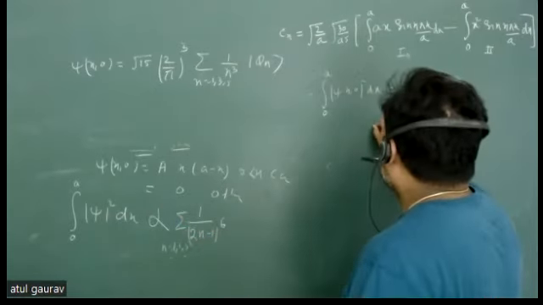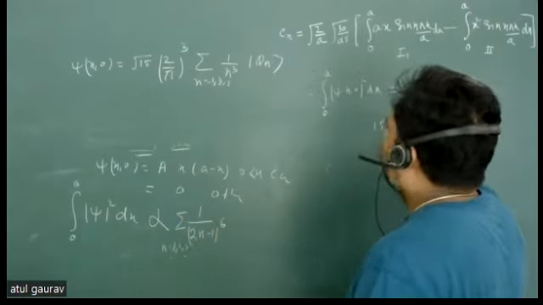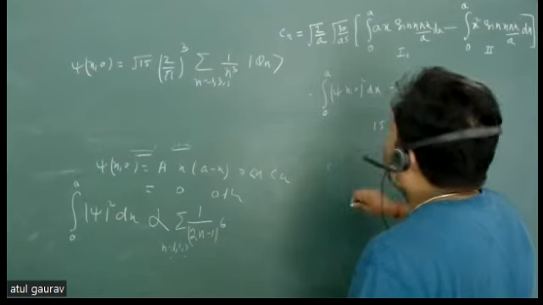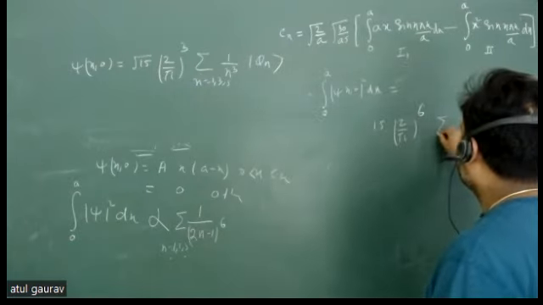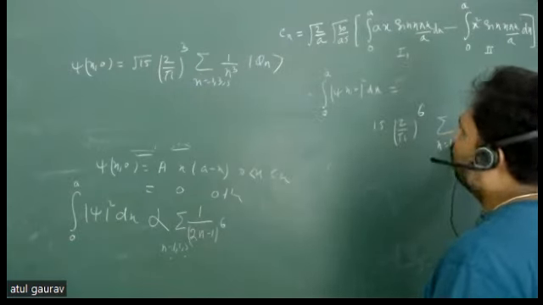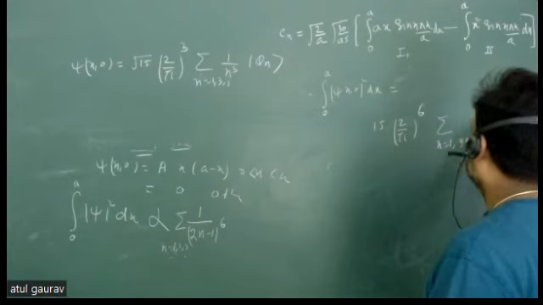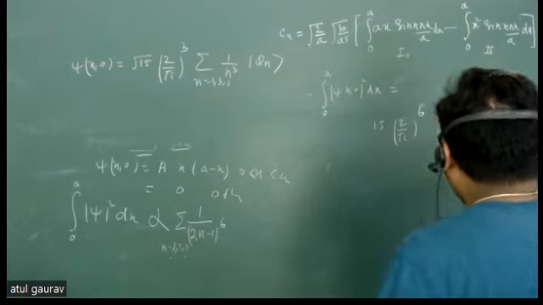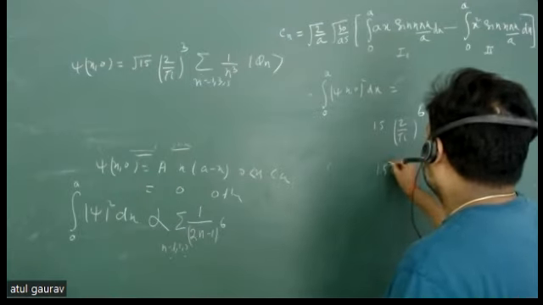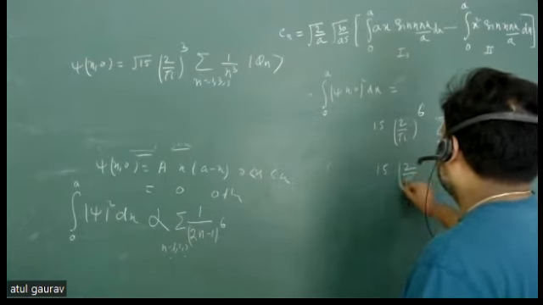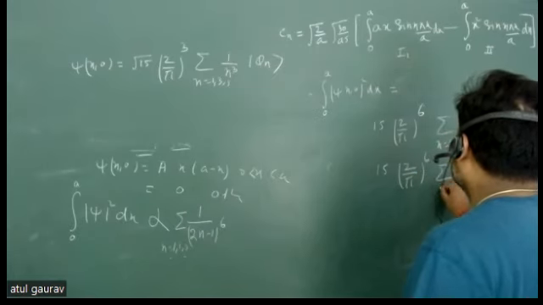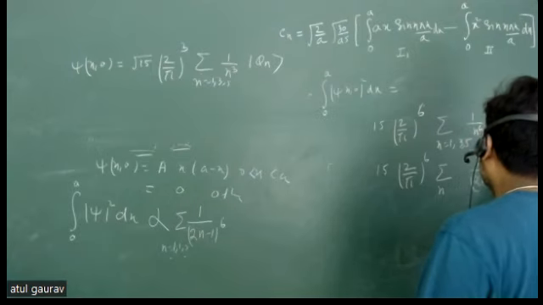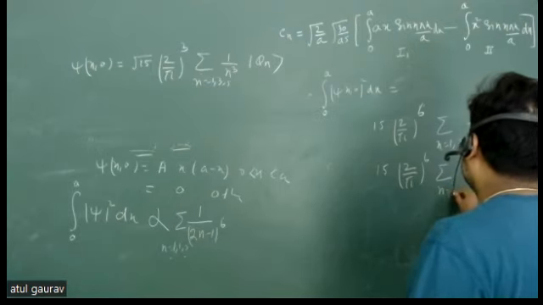So what you have is 15 into 2 by pi to the power 6, and the summation over n equal to 1, 3, 5, and this will be 1 upon n to the power 6, isn't it? This can also be written as 15 into 2 upon pi to the power 6 summation over n, which can be written with 2n minus 1 to the power 6, and now n can be 1, 2, 3.